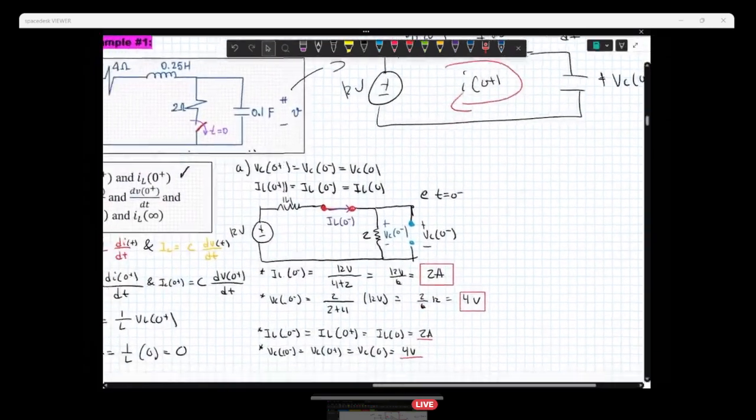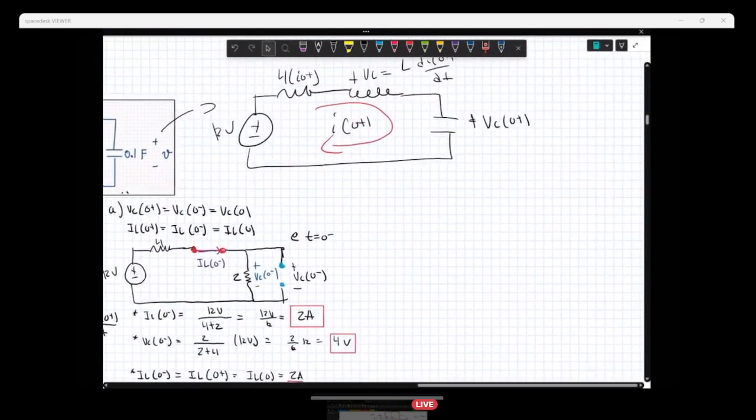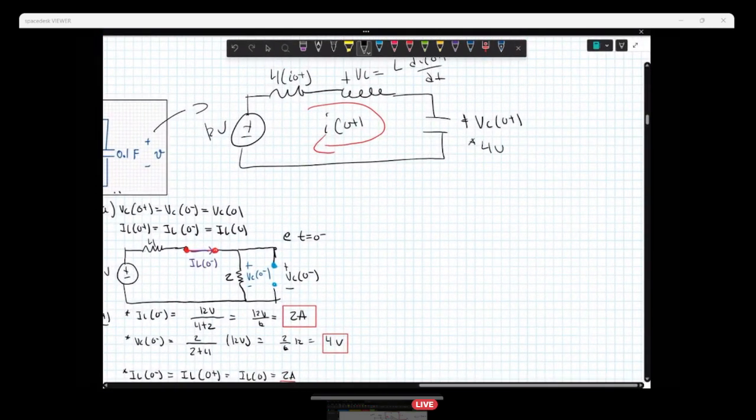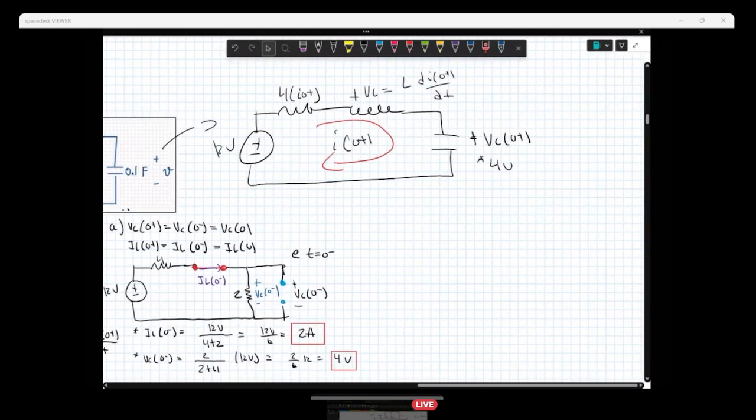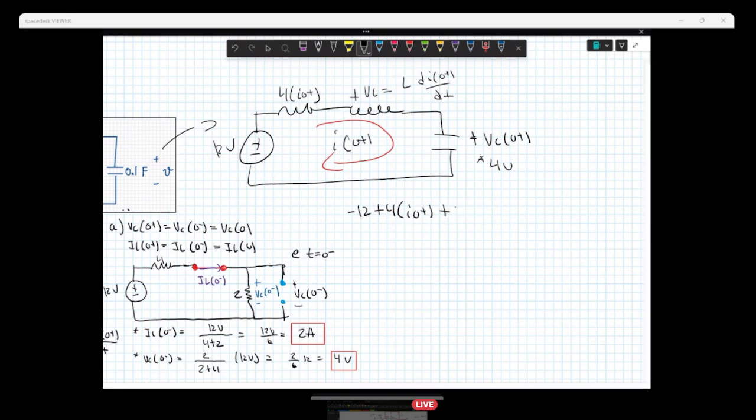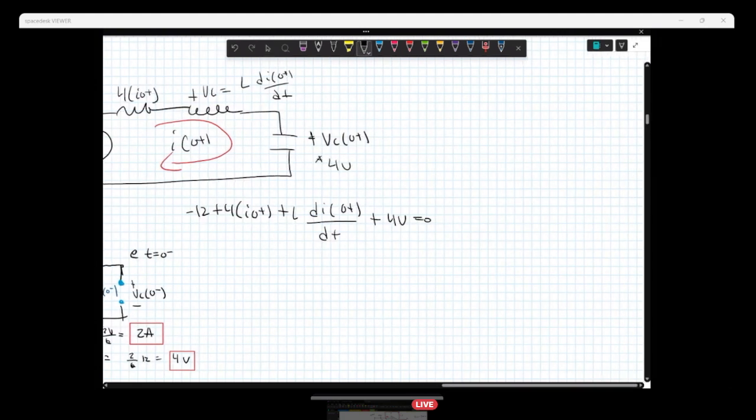Is it not 0? Because then this is 4 volts. Yeah, we know this is 4 volts. We know this would just be 4 I of 0 or minus 12. So we're going to get minus 12 plus 4 I of 0 plus L di of 0 plus over dt plus 4 volts equals 0.